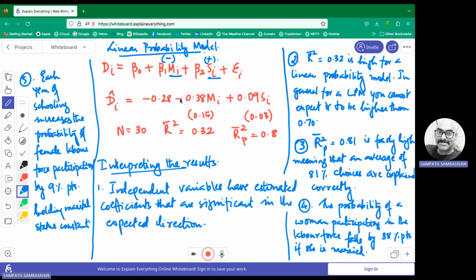So see, we are not going to deal with estimation here, right? Even for your examination, as I have told, you are not going to be asked to estimate as such. You will be given the estimated results, okay, and you will be asked to interpret. That would be the way in which it would happen, right? So you have this kind of a result that you obtain. This is the result that you have obtained after running the regression.